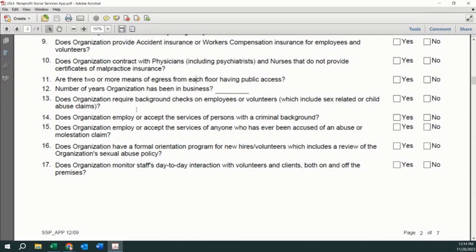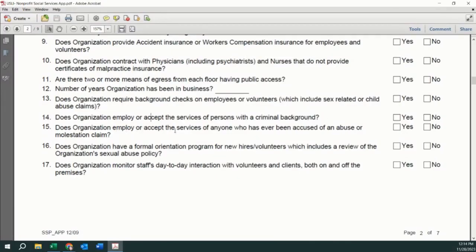And so, again, the words here matter because it's only asking about employees or volunteers. And then you have to decide what you want to do with regard to residents, unless it asks you about that. So moving on to number 14, does the organization employ or accept the services of persons with a criminal background?